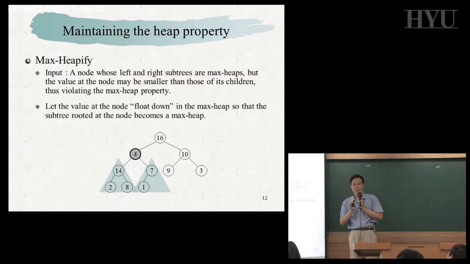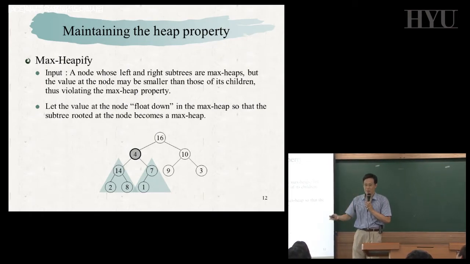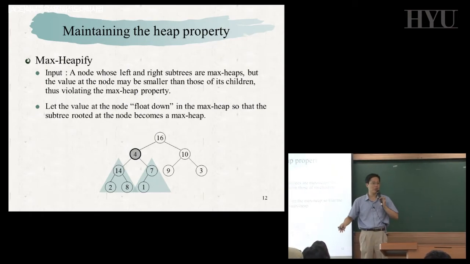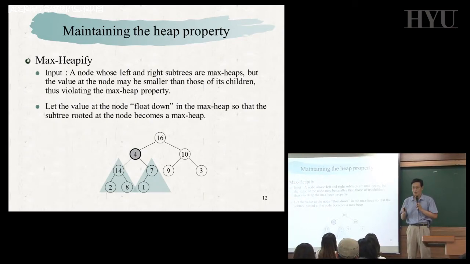When we apply max Heapify to a node, its left subtree and right subtree should be max heaps. To guarantee that, we have to apply those steps from bottom to top. Then the precondition is satisfied.